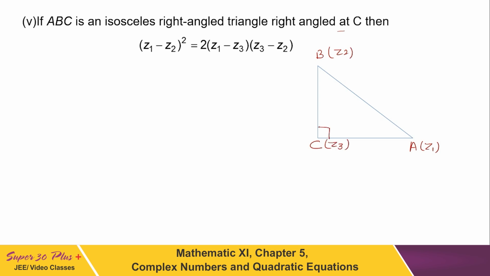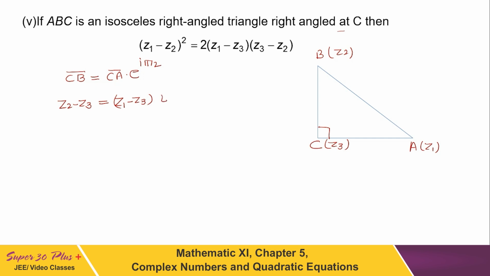By using the rotation method, we can say that CB vector can be obtained by rotating CA vector into e to power iota pi by 2. What is the CB vector? Position vector of B minus position vector of C is equal to CA vector, position vector of A minus position vector of C, into e to power iota pi by 2.